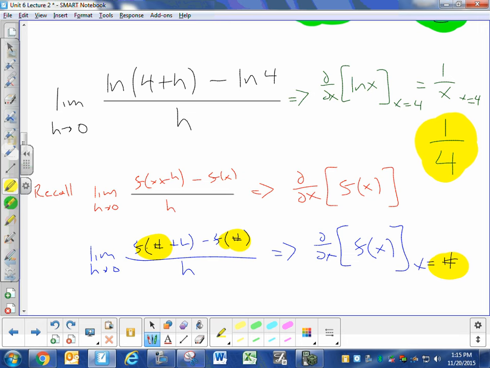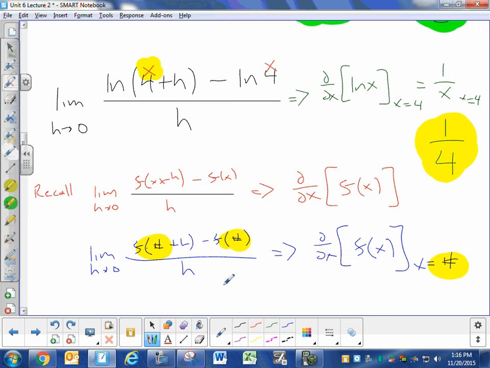If there was no value, if it was just f of x plus h minus f of x, if this is the log of x plus h minus the log of x, the answer would be 1 over x. I'm replacing the x with the value. That means we're taking the derivative of the log function at 4. So we don't worry about the 4 until we find the derivative. Yes. I originally, when doing these problems, thought the way you thought.